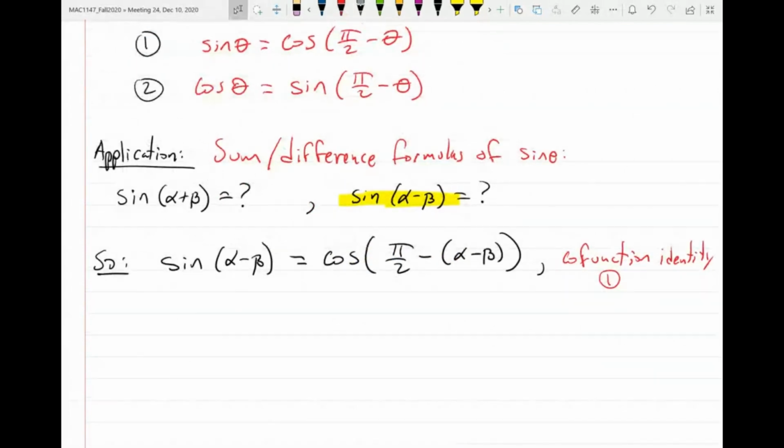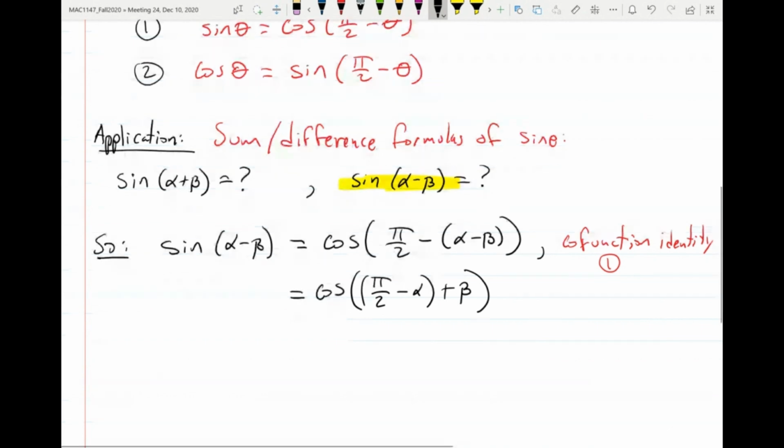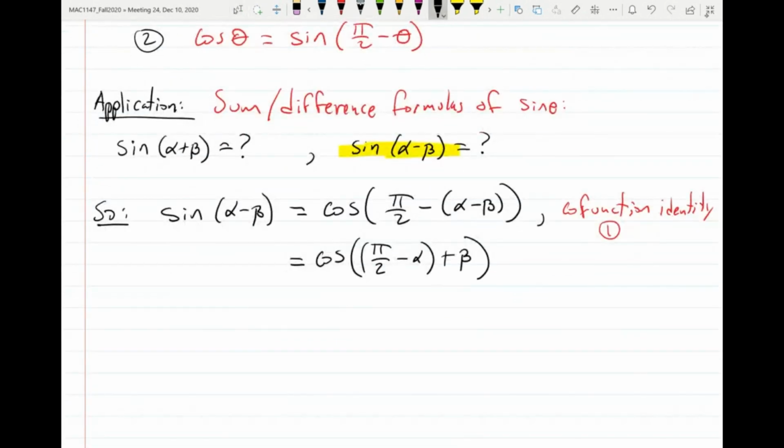Okay, now I'm gonna play with this expression a little bit. So I'm going to actually collect terms differently. I'm gonna write this as pi over 2 minus alpha plus beta. So all I did was distribute the minus and then put the first two terms together, okay? And now, it should not come as a surprise, we're gonna use the formula that we already discussed about cosine.